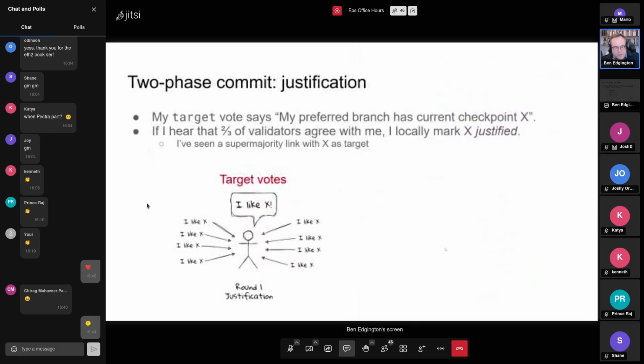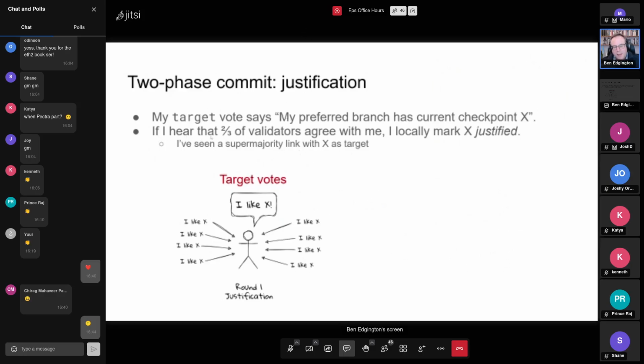So this gives us this sort of two-phase commit, and this is a bit tricky, and I go into it in much more detail in the book, and we haven't got time really to go into a lot of detail, but basically what we're saying is justification. So my target vote says my preferred branch has current checkpoint X, whatever the checkpoint of my current epoch is.